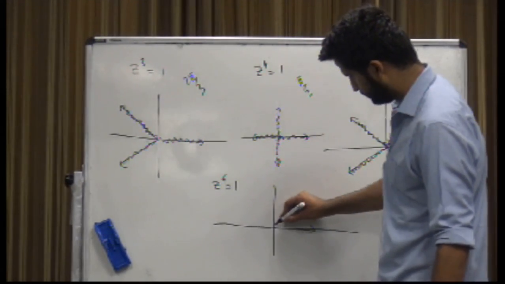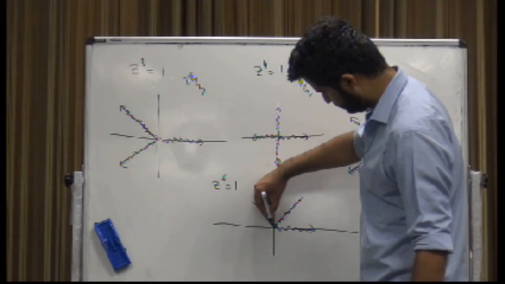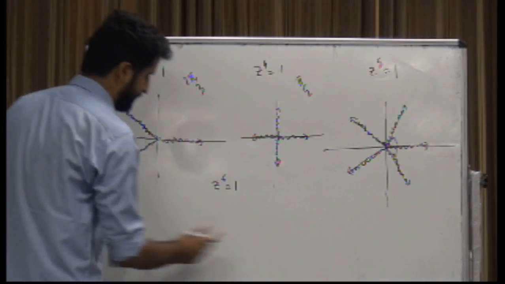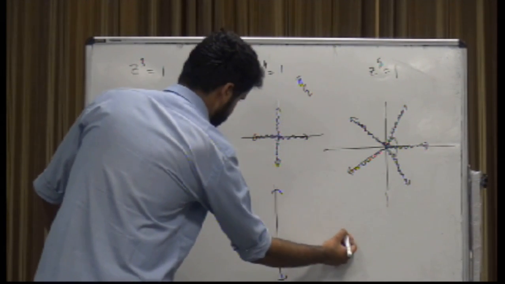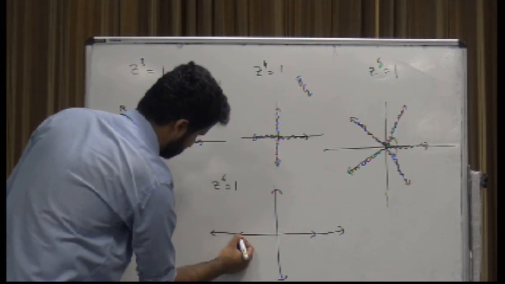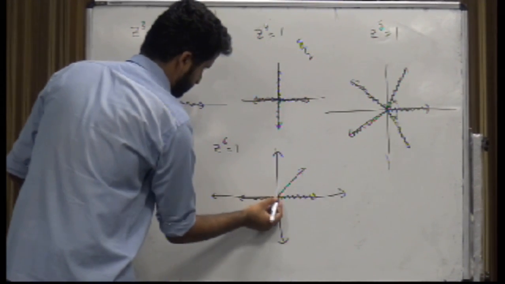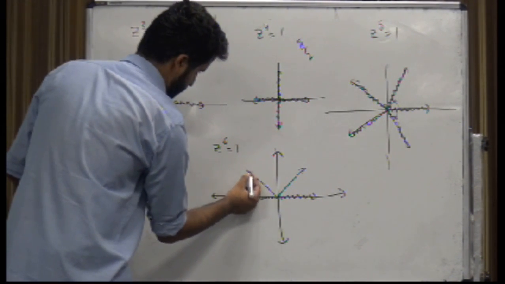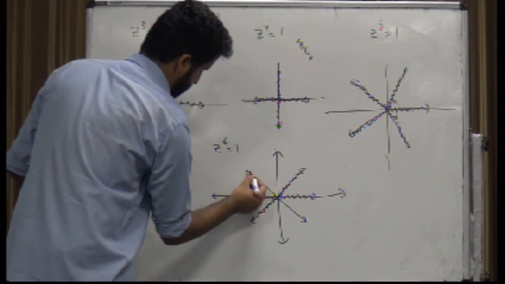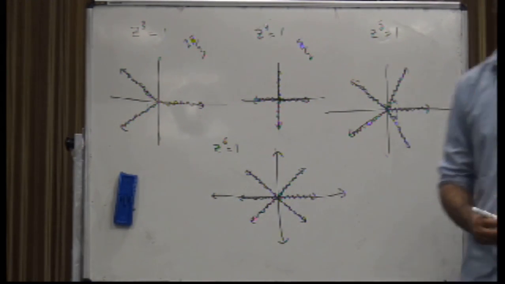So z to the power 6 is equal to 1 will be: first is this one, second, third, fourth. So these are the sixth roots of unity, right?